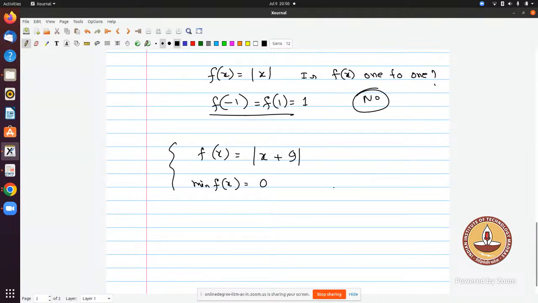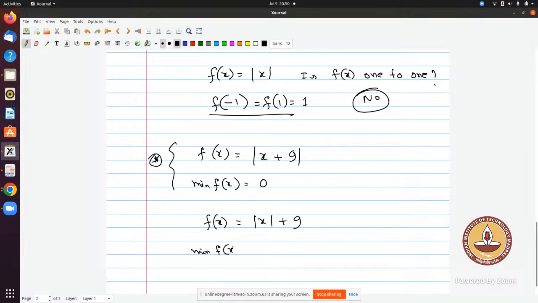I think this type of question was in week 1, and this is really important. As the quiz is nearby, I am just recalling this. And what if I write this function, mod x plus 9? What is the minimum value?